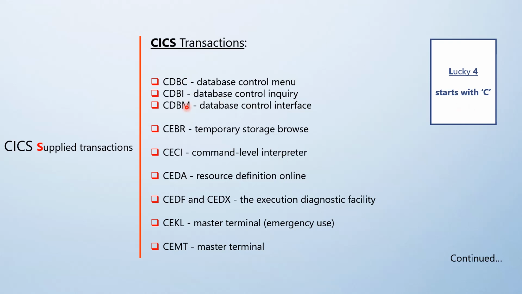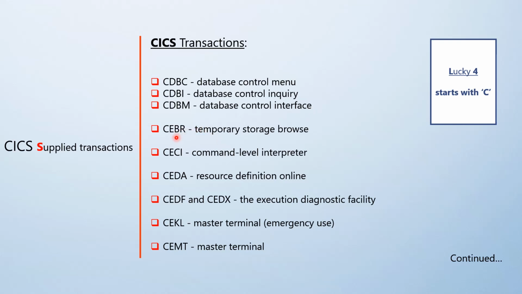If you see the first three, they all belong to the CICS IMS connection. CDBC is used to connect and disconnect CICS from the IMS subsystem. CDBI is used to inquire the status of the connection, whereas CDBM is used to submit some operator commands to IMS through CICS.